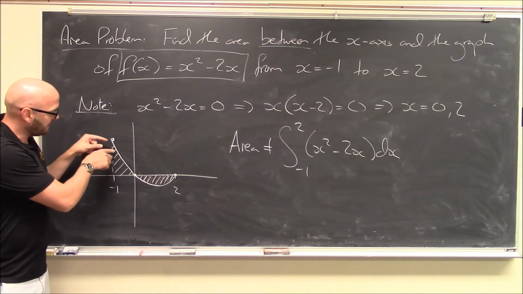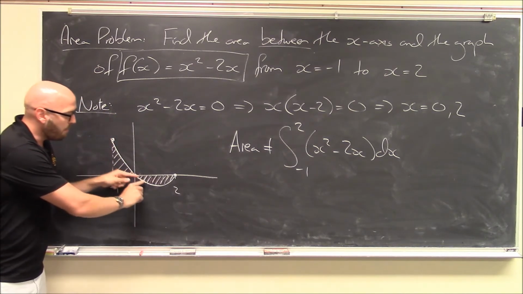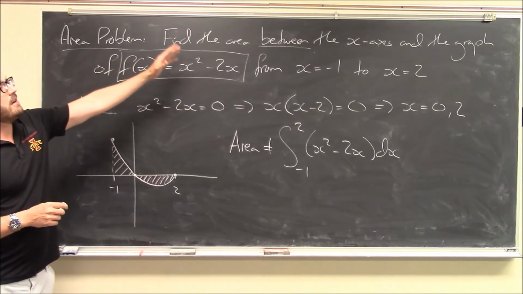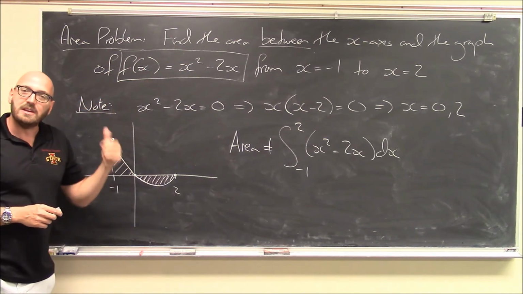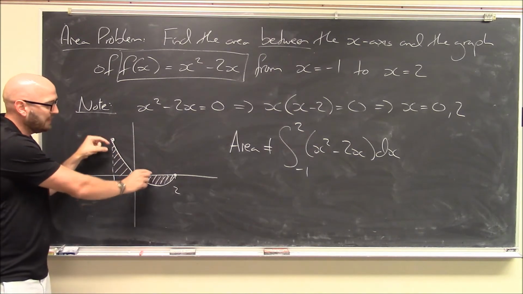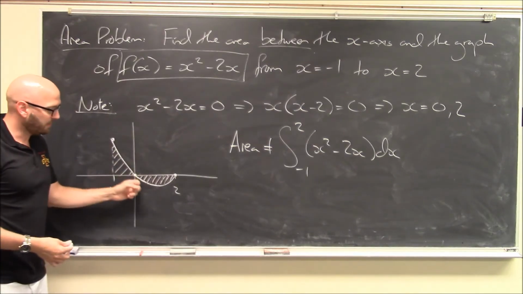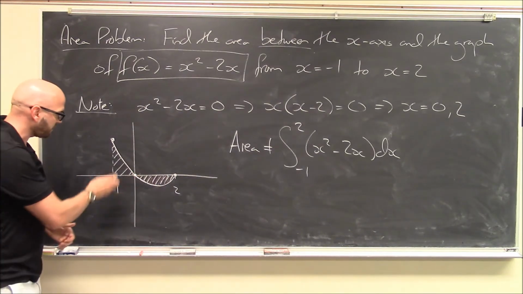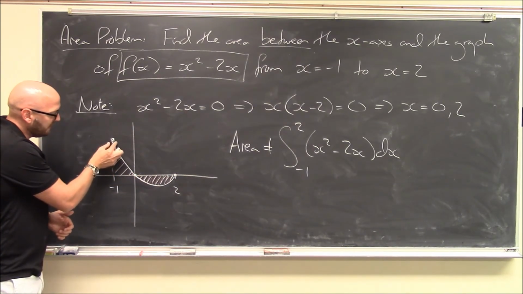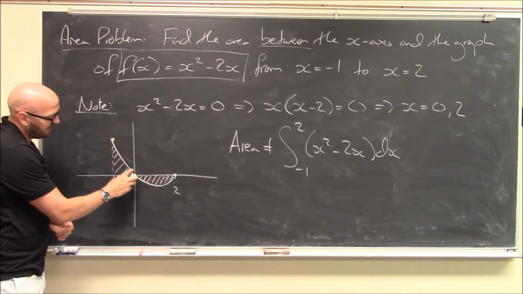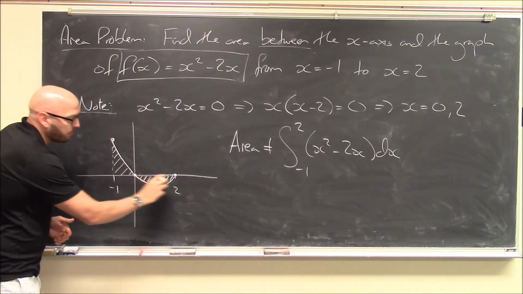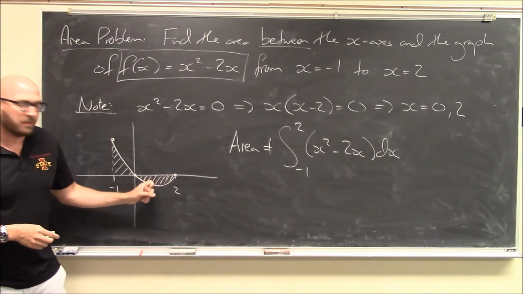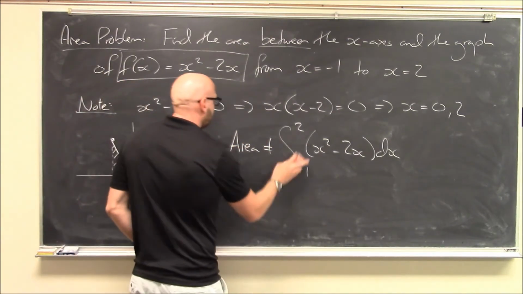So that would give us the area of this region minus the area of this region. But when it asks for the area between curves, area is always a positive number. It doesn't matter whether you live above or below the x-axis. So what we really want is the area of this region plus the area of this region, and this integral is going to subtract that stuff. So we need to be more careful.